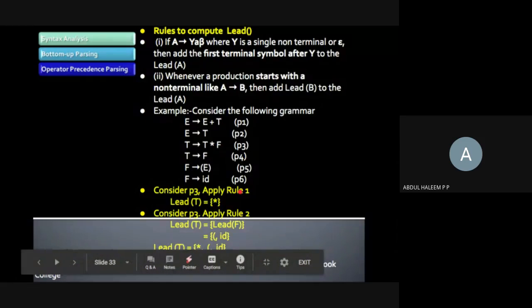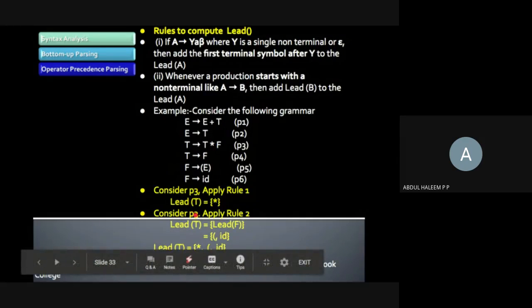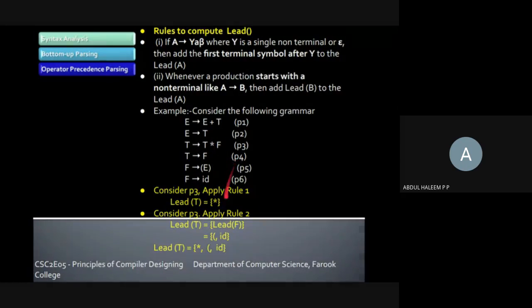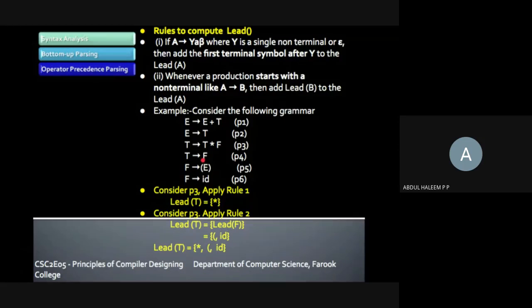Applying rule number 1. Now we'll apply rule 2 also here. It is production number P4. We take P4 and apply rule number 2. Here is P4. P4 is T derives F. So A derives B, so LEAD of A will contain LEAD of B also.